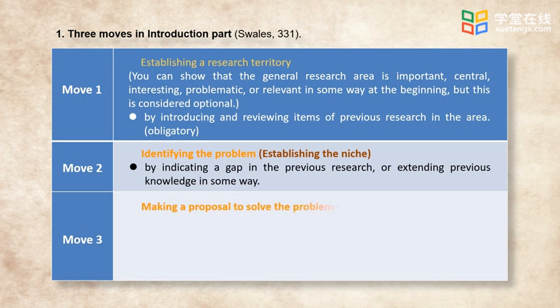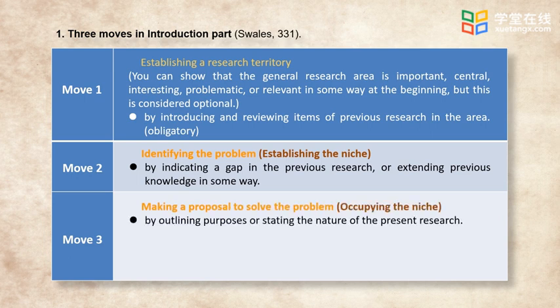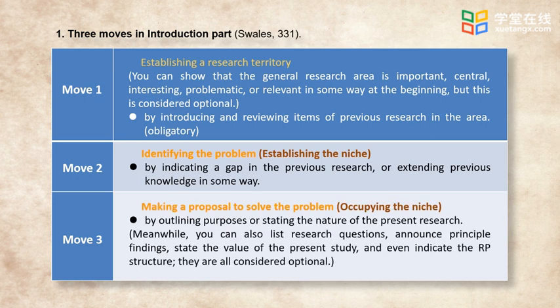In Move 3, the author must occupy the niche, namely, fill the gap, by outlining purposes or stating the nature of the present research, while other items from B to E are all optional. Now, let's make a further study of Move 3.